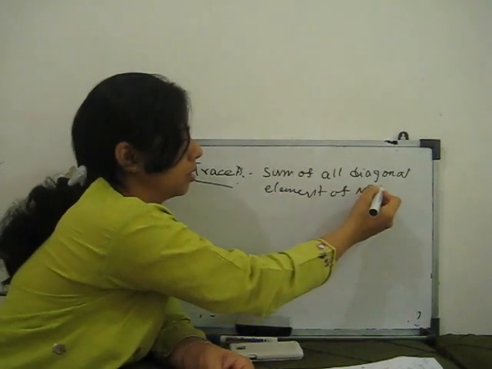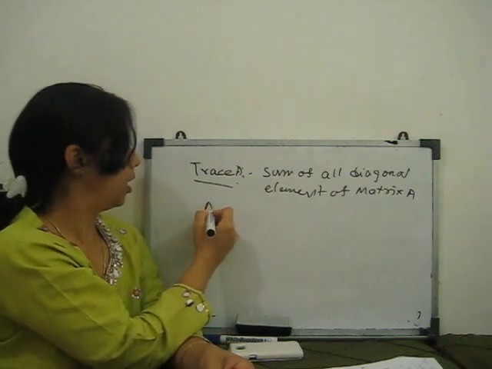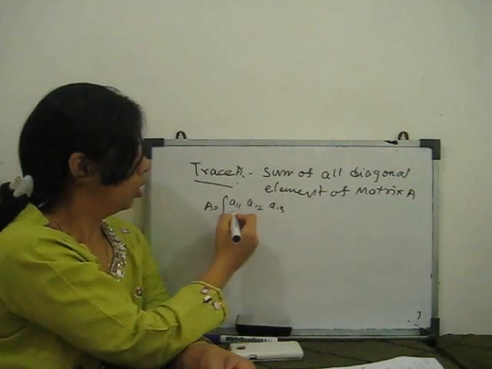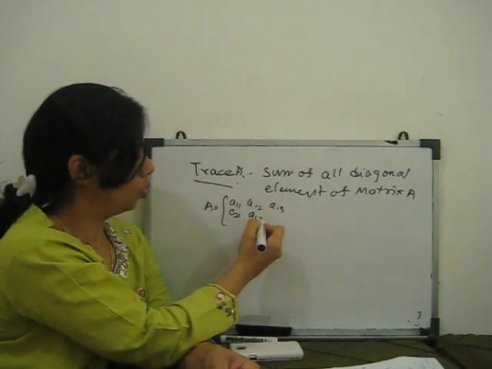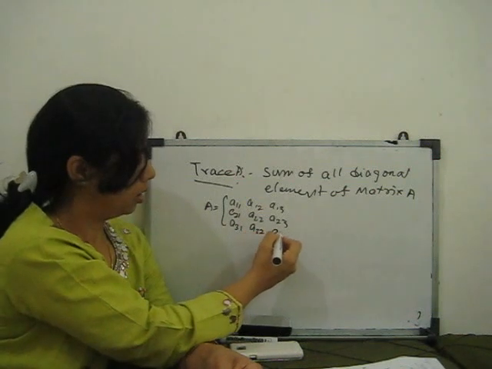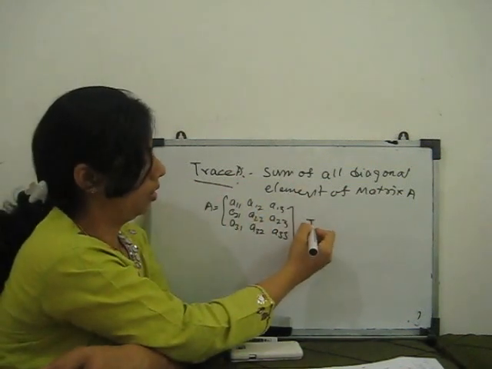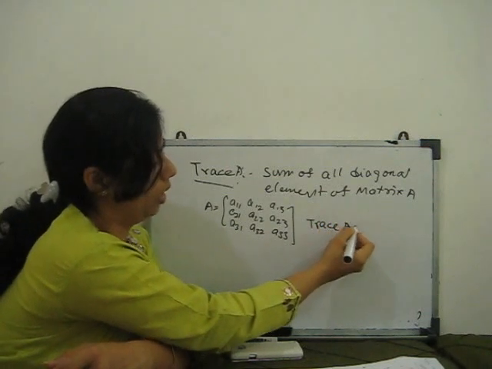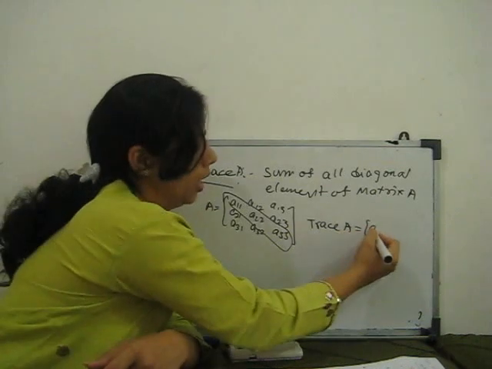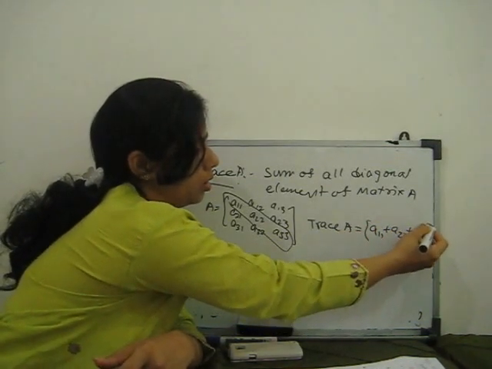of matrix A. It means if we have a 3 cross 3 matrix with elements a11, a12, a13, a21, a22, a23, a31, a32, a33, then trace of A is equal to the sum of all diagonal elements, that is a11 plus a22 plus a33.